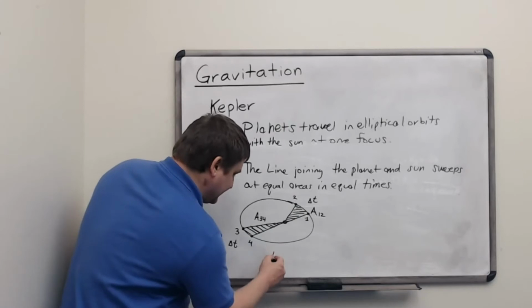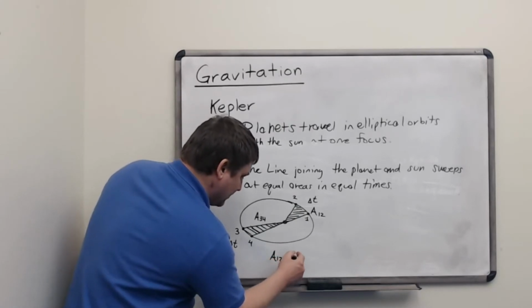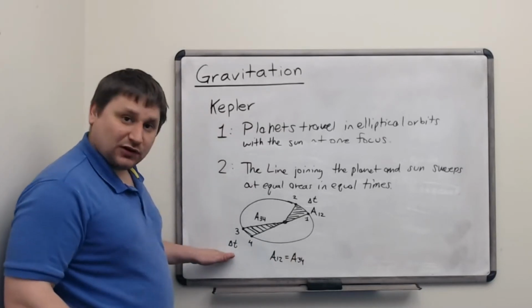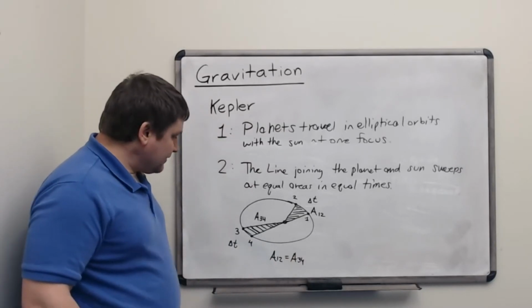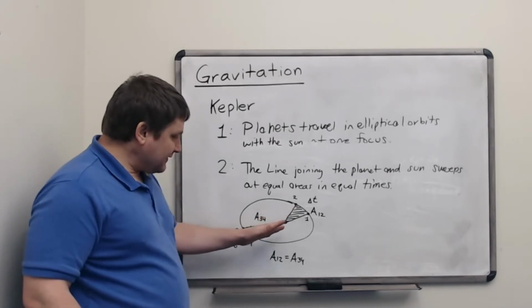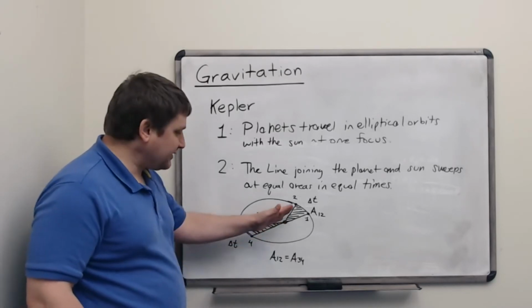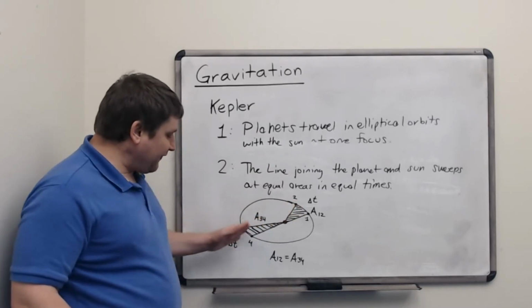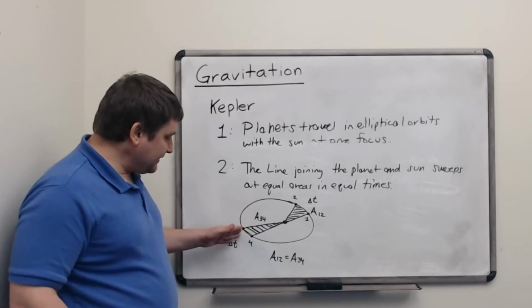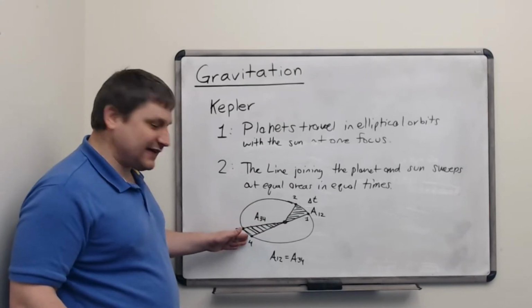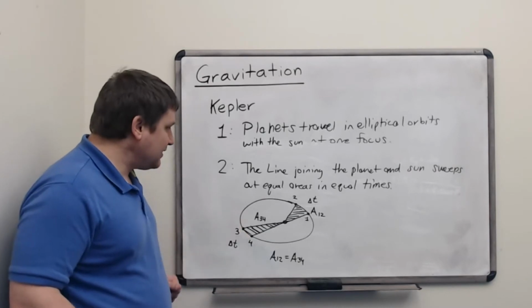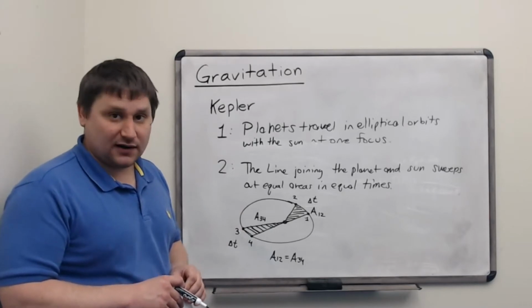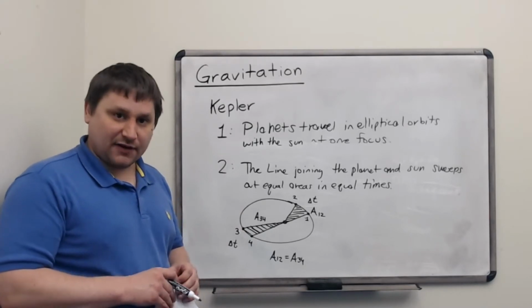Kepler's law says that these two areas are always equal, since we used equal times. Since an area is basically related to the product of its length and its width, if the planet is farther away from the sun, then it doesn't need to cover as much distance in that time interval to make the same area. So qualitatively, Kepler's second law says that planets travel slower when they're farther away from the sun.